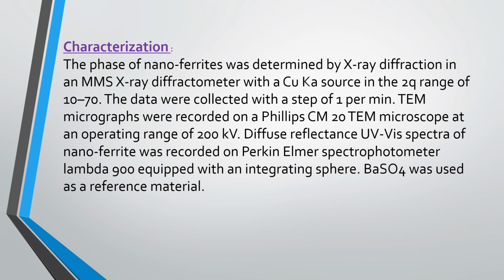TEM micrographs were recorded on a Philips CM20 TEM microscope at an operating voltage of 200 kV. Diffuse reflectance UV spectra of nanoferrites were recorded on a Perkin-Elmer Lambda 900 spectrometer equipped with an integrating sphere. Barium sulfate was used as a reference material.